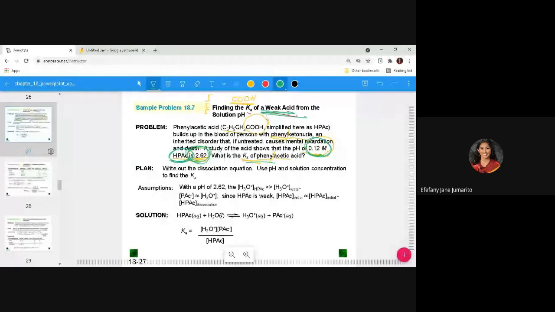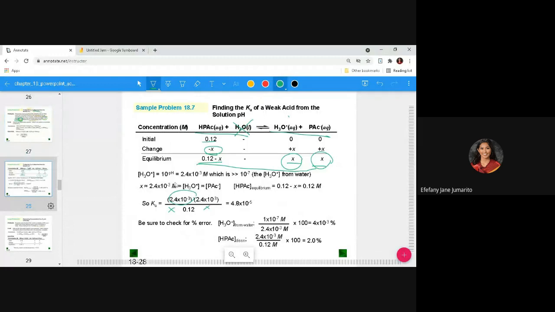Because this is a weak acid, we use the pH. The pH is 2.62 and H3O plus is x, so 10 to the negative 2.62 gives 2.4 times 10 to the negative 3.